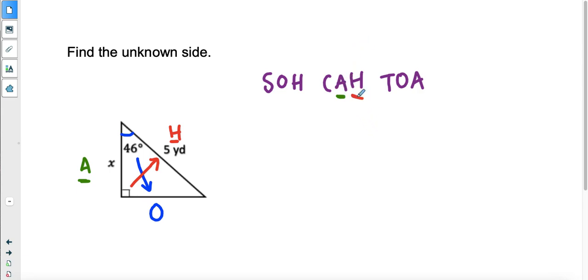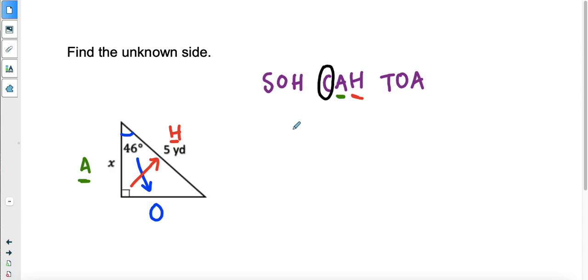So I'm trying to find the adjacent, and I have the hypotenuse. So I can see here I need to use cosine to find the missing side.